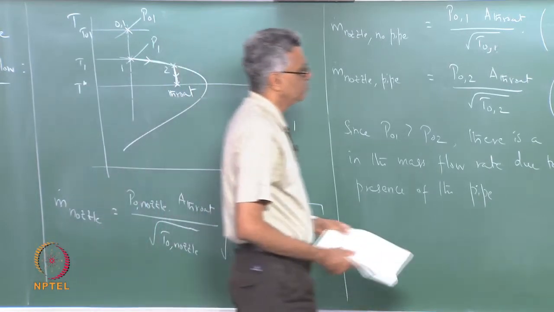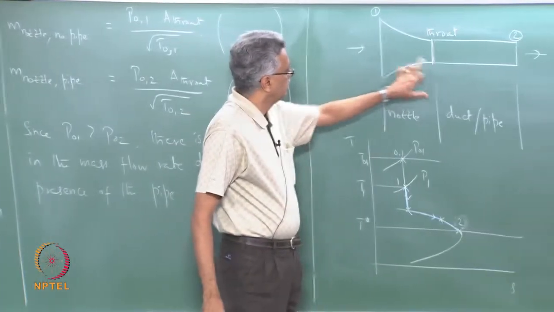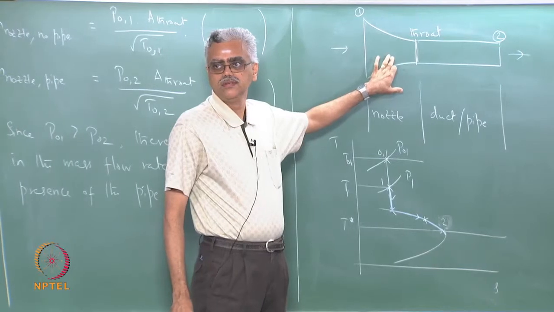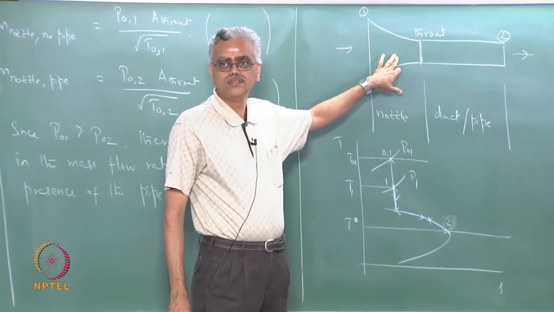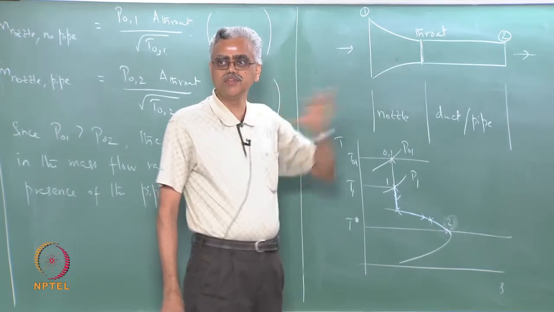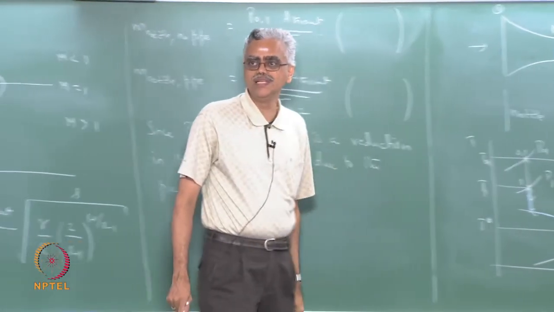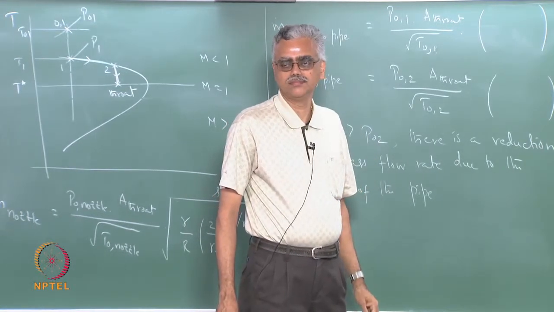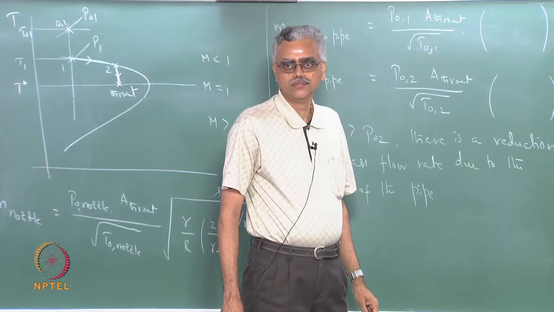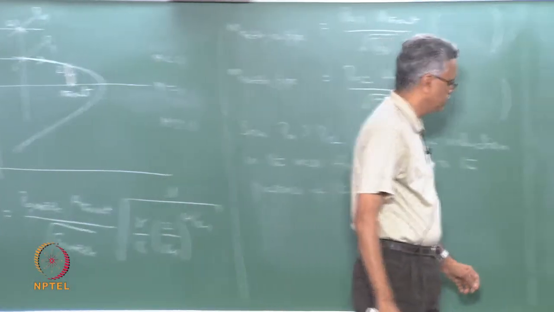But notice that m dot through the nozzle, what will it be? Will it be less than or same as before? In this case, in the previous case it was less, what will it be in this case? Depends on whether the exit is choked or not.